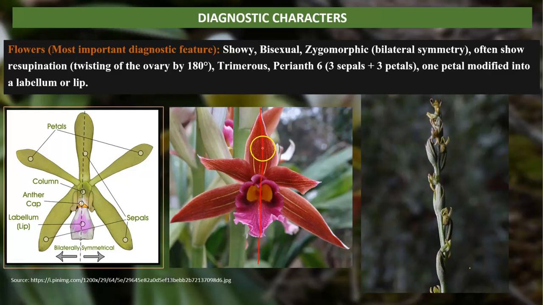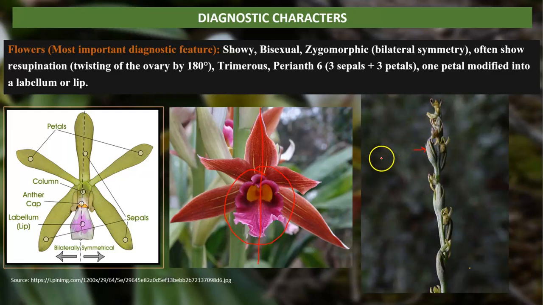One of the petals, which I already discussed with you, is modified into a labellum. And another character is resupination. What is resupination? This is the ovary part. You see some twisting nature of the ovary.